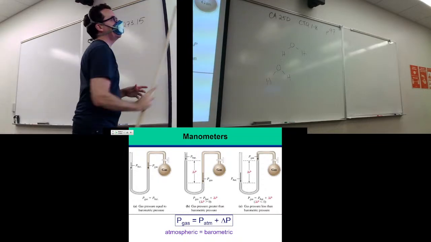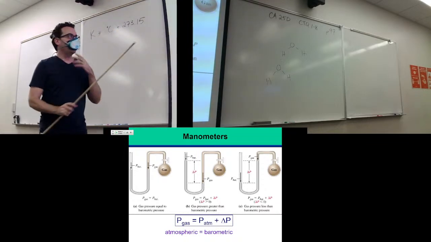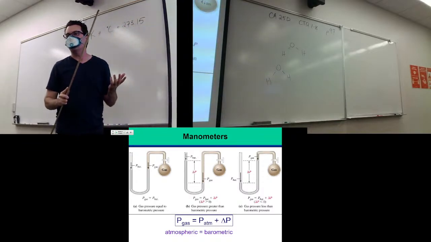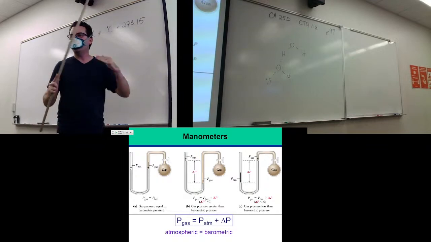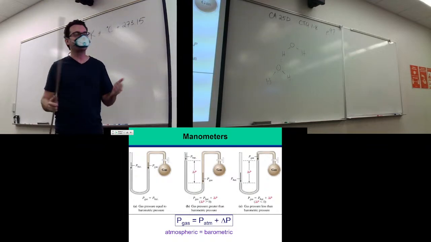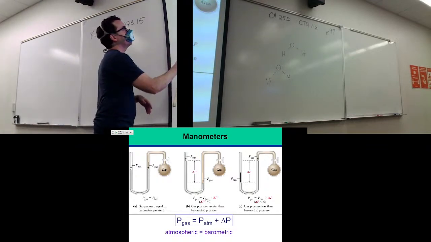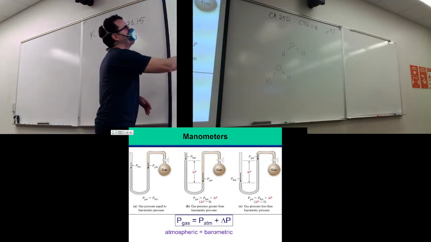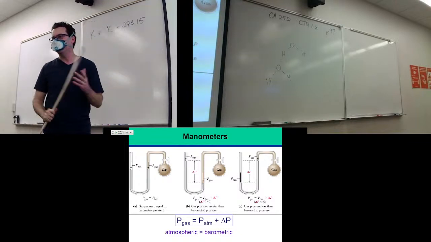And on the other side, we connect our container of gas. And this gas has a pressure, and it's pushing on that side of the mercury. If the pressures are equal, then the levels are going to stay the same. And the idea is, the atmospheric pressure and the pressure inside this container are exactly the same.